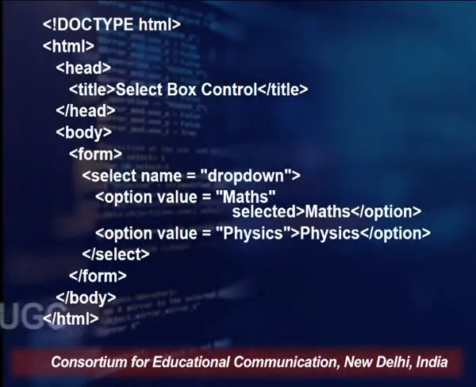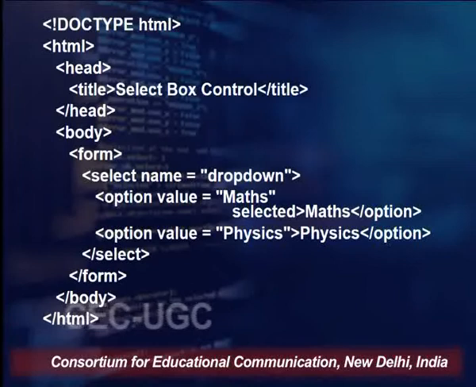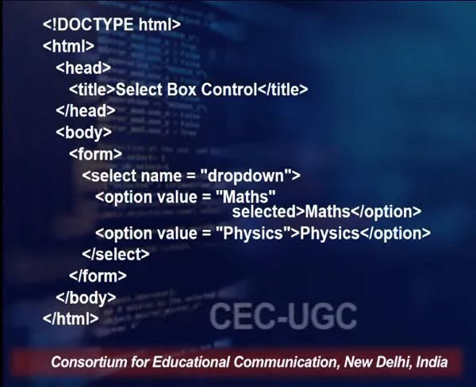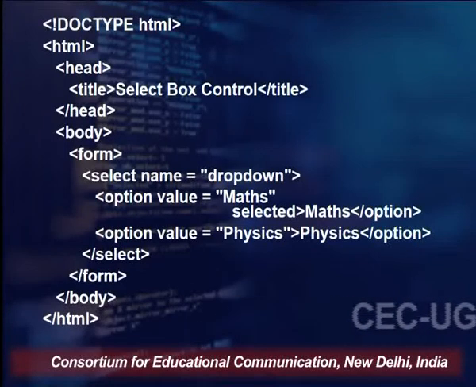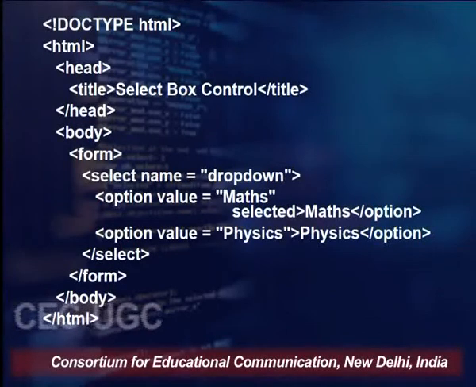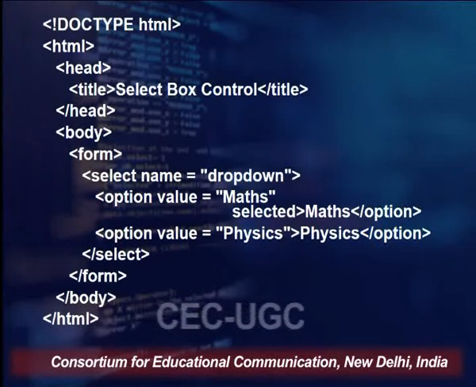Value equal to maths within the double inverted commas means that whenever we fetch the value of this control, if maths is selected there, the value accepted at the server end will be maths.